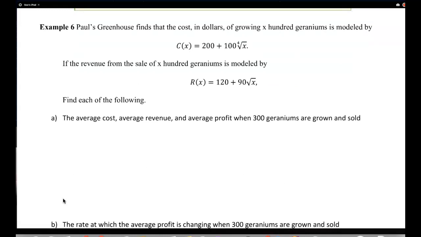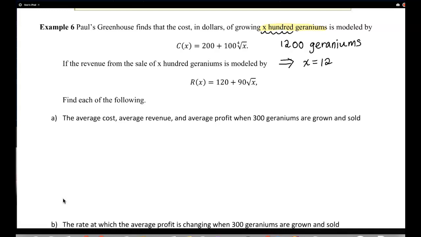Paul's greenhouse finds that the cost in dollars of growing X 100 geraniums. Now I'm going to highlight this information because this could be tricky. If Paul's greenhouse is making 1,200 geraniums, then we are going to say X is equal to 12, because we're doing X 100 geraniums.